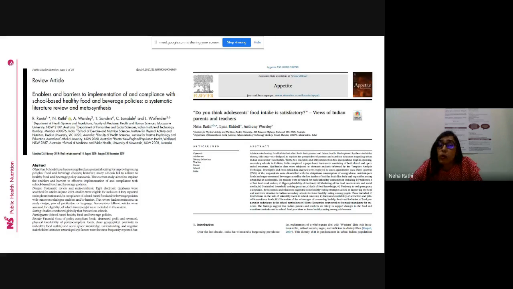Followed by the authors, you will see there are affiliations. In the first case, it's the Department of Health Systems and Populations. Similarly, in the other one, it's the Institute for Physical Activity and Nutrition. So every author's affiliation is written. For example, if you girls write your MSc paper based on your dissertation, and you're still working at Dr. BMN College, your affiliation will be Dr. BMN College, Mumbai, India.